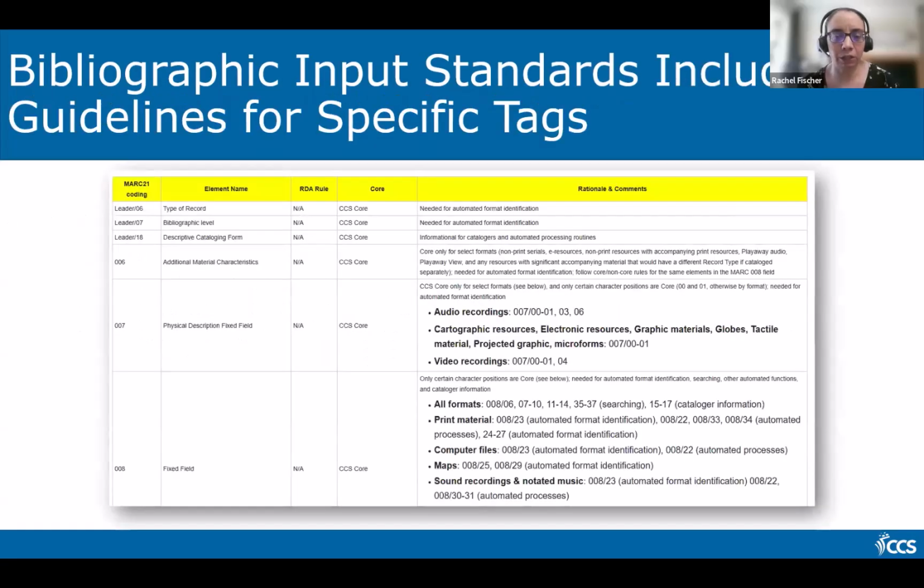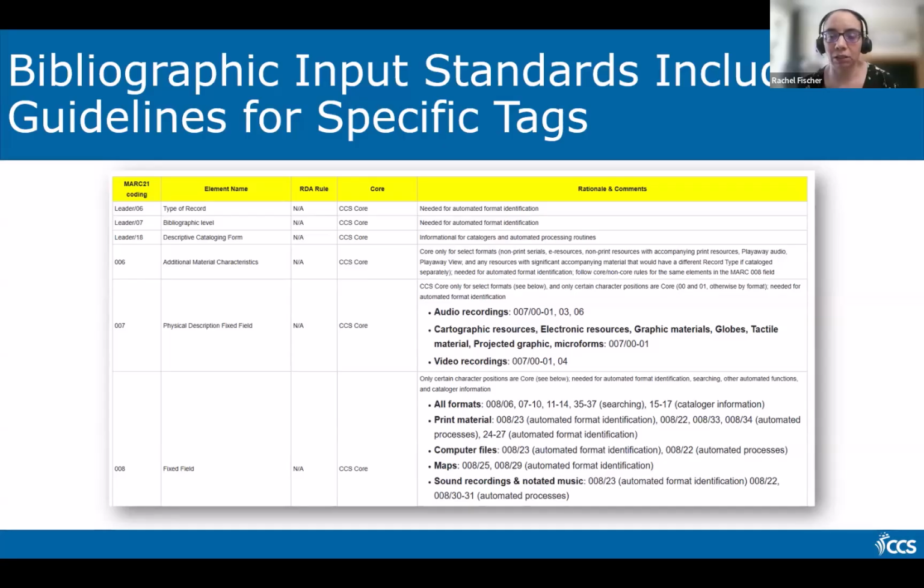A chart on the Bibliographic Input Standards wiki page lists all required and recommended fields for the fully cataloged bibliographic records. This chart includes the column for the MARC 21 tag, the descriptive name of the tag, RDA numbers, and the degree to which the field is required. The last column has a rationale and comments on the specific requirements.